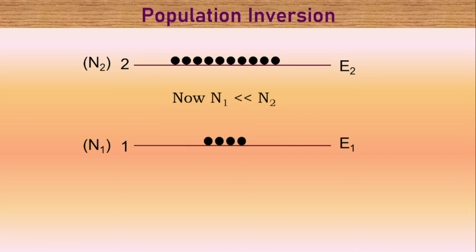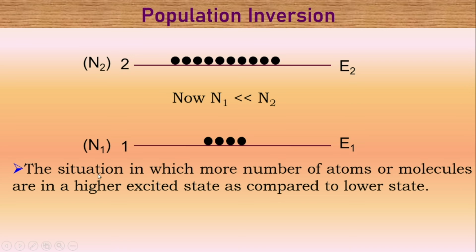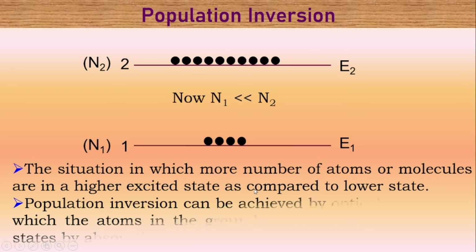Now we can see that N1 is much less than N2. The situation in which more atoms or molecules are in a higher excited state as compared to the lower state is called population inversion.